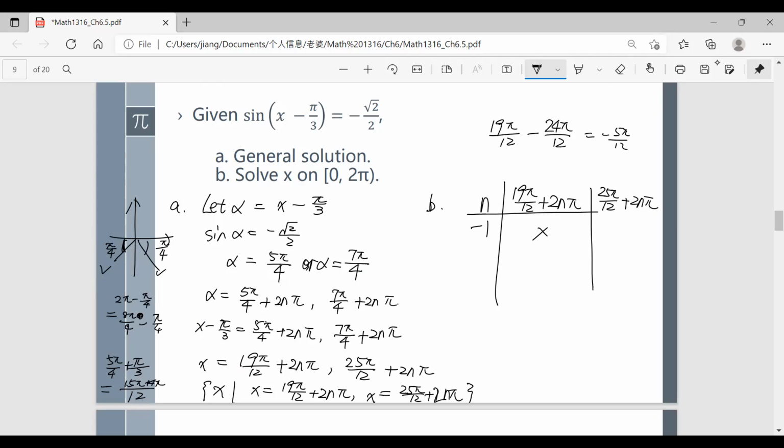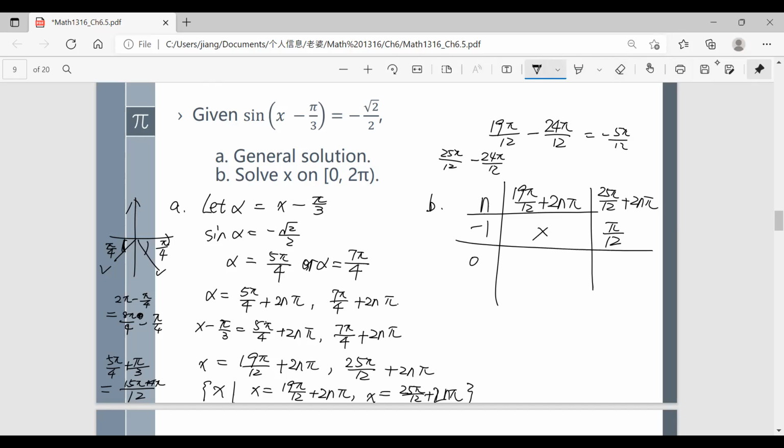And how about this one? 25 pi over 12 minus 24 pi over 12 is pi over 12.